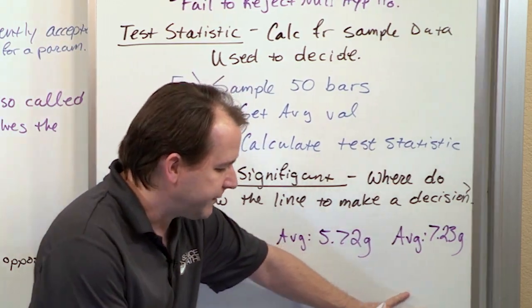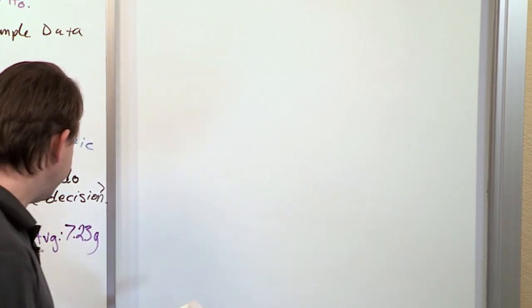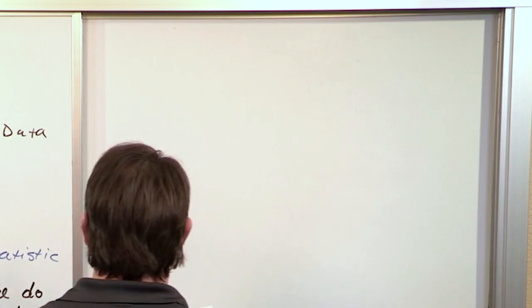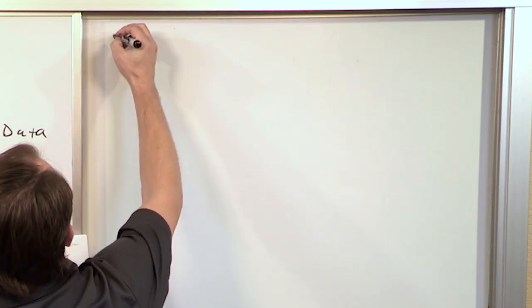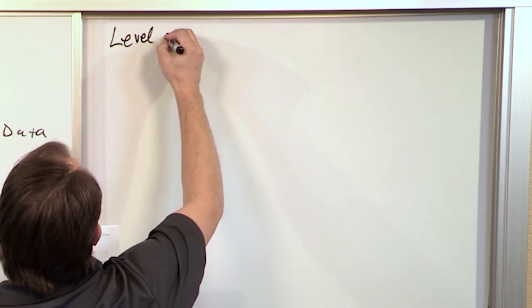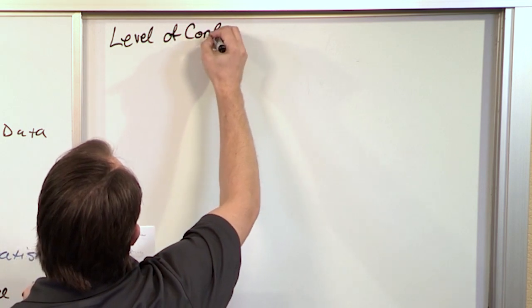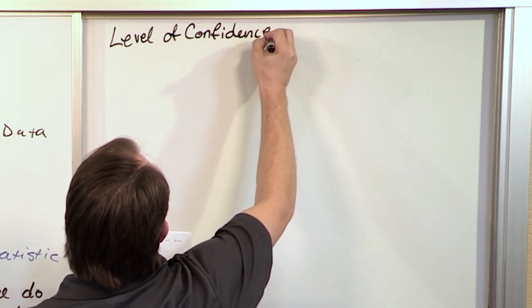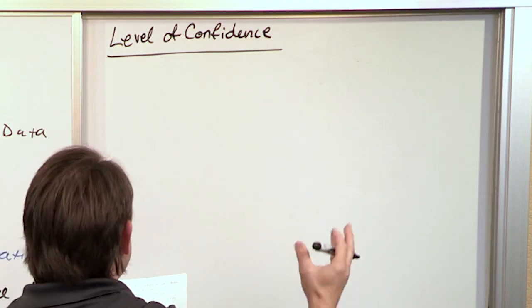All right, so let me go off to the next page, and let me rewrite something that I know you've seen before in the previous sections, but I want to write it again here. We've talked about this a lot before, but the level of confidence. We've done this, obviously, with confidence intervals. It's exactly the same thing.